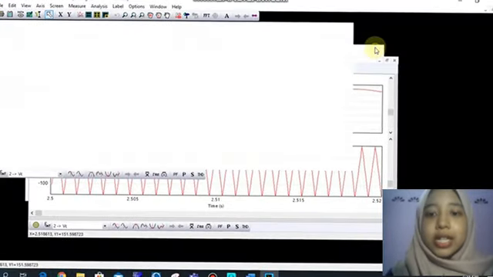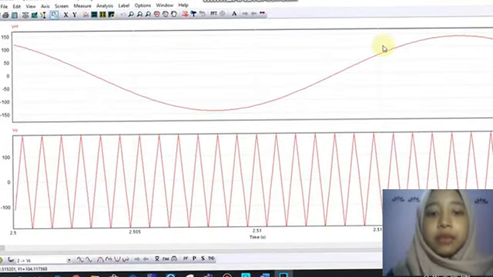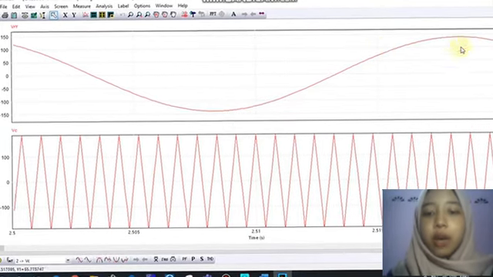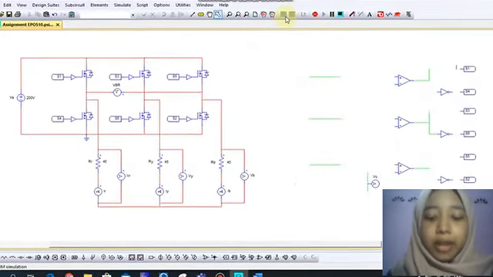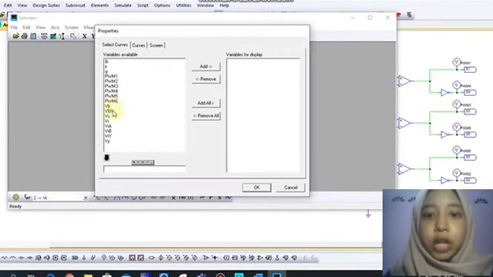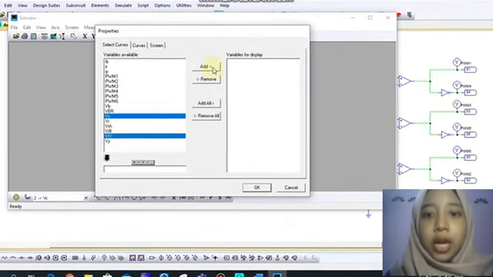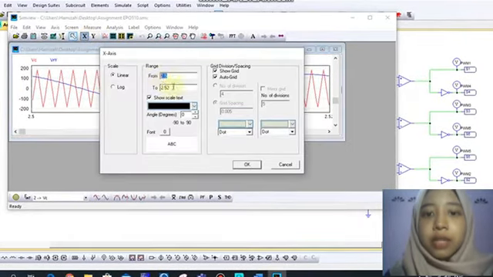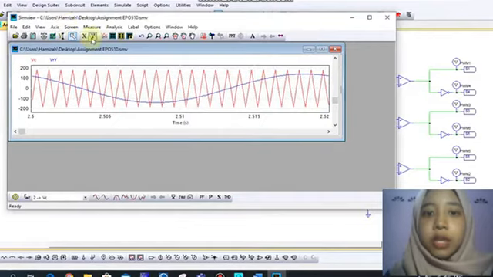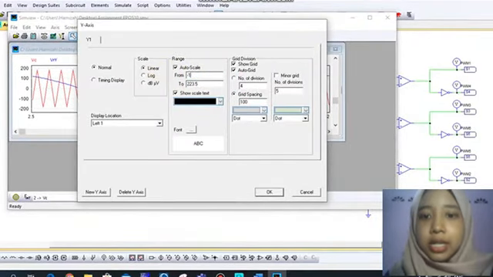So this is the waveform of VRY and VC. Next I will run it again and choose VC and VRY in a graph. We will have the same adjustment for x and y axis, negative 185.